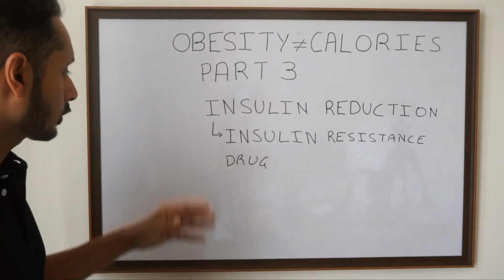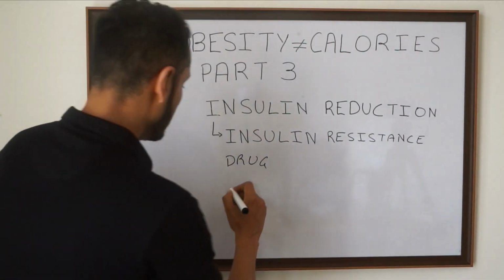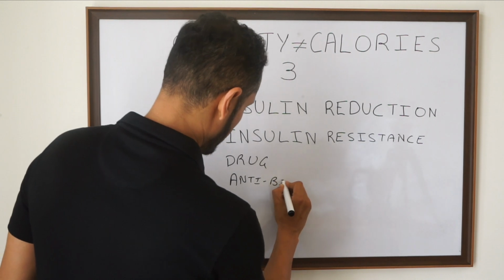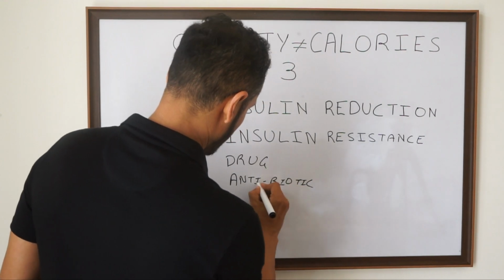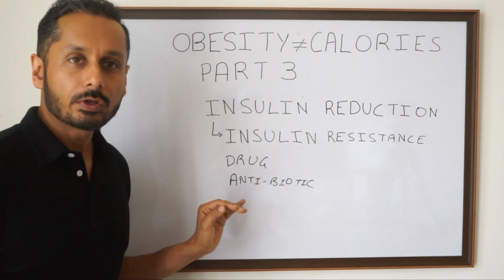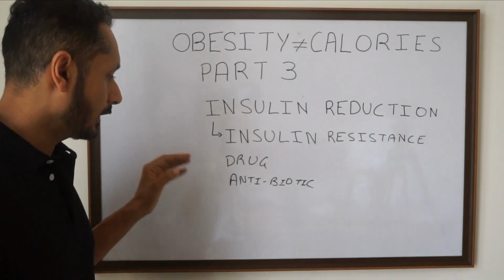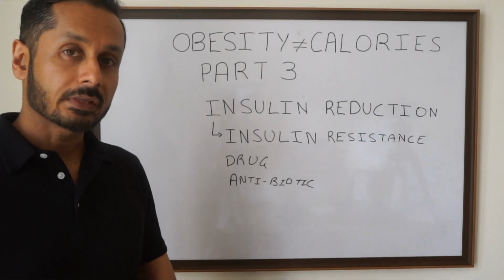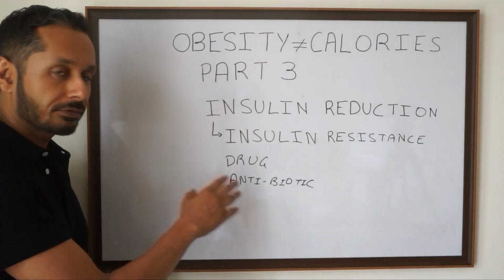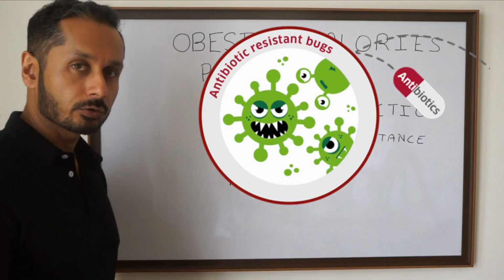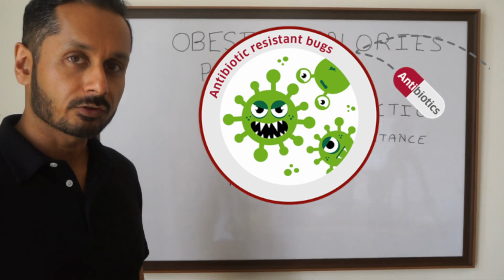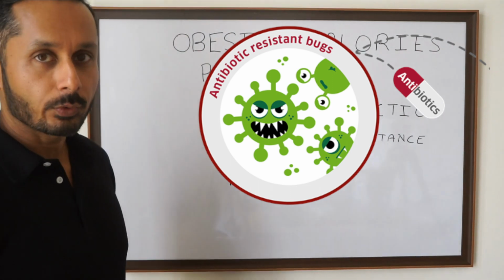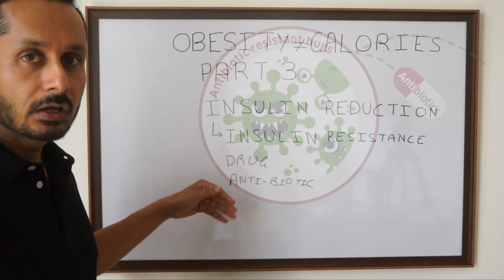Similarly, we have antibiotic resistance, which happens with people who have been exposed to a lot of antibiotics but not the full course. For example, in tuberculosis, it's very important to do the full course, and generally with antibiotics, it's important to do the full course.